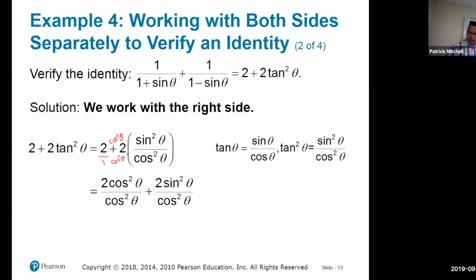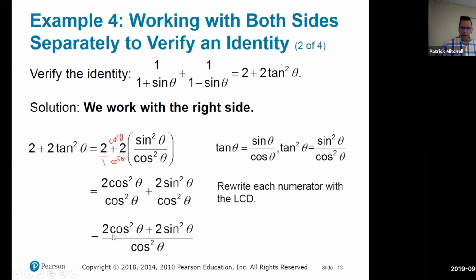All right, so now we have 2 cosine squared theta over cosine squared theta. We're adding that to 2 sine squared theta over cosine squared theta. They have the same denominator. So that's going to turn into that. You just add your numerators.